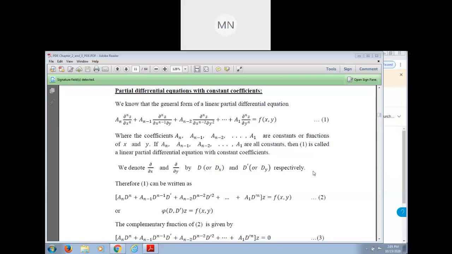Suppose you are given an equation, then you cannot have an idea what type of equation this is. Is it first order or second order? Then you will be confused about what method will be applied to solve that type of equation. Because for the first order, we have to use two methods to solve the equation.